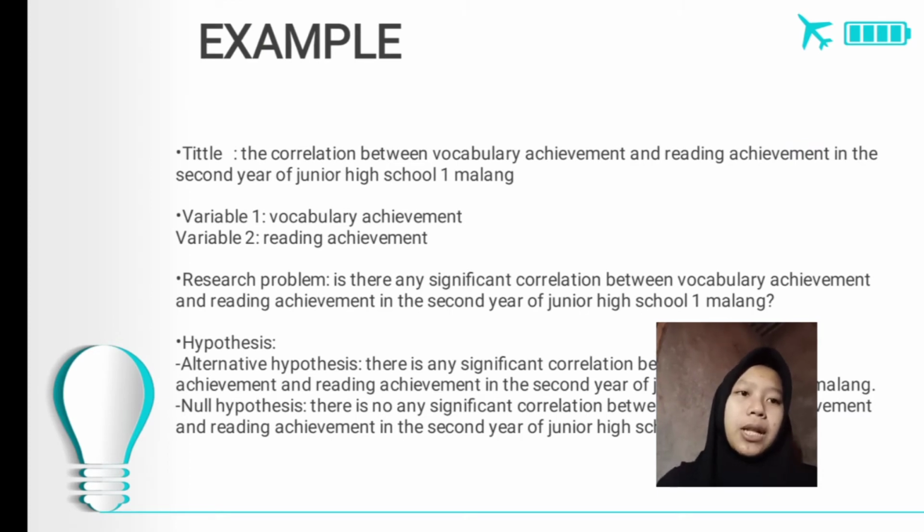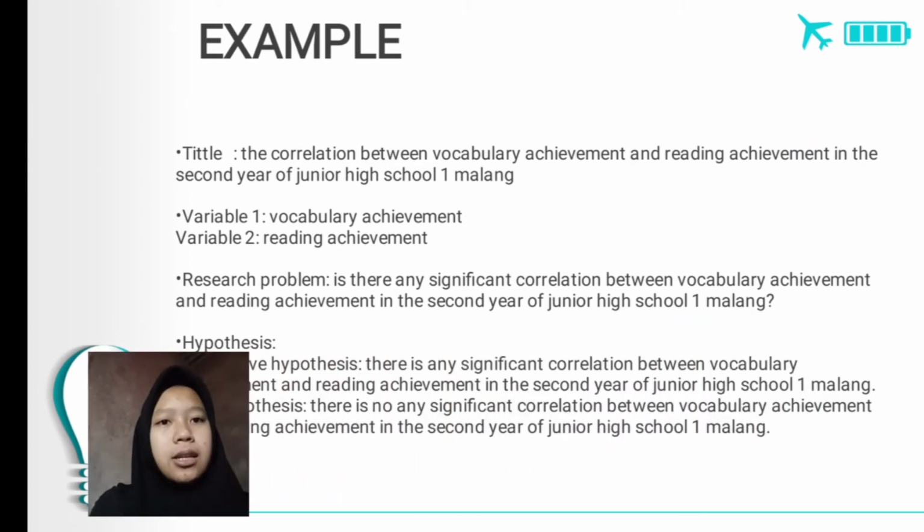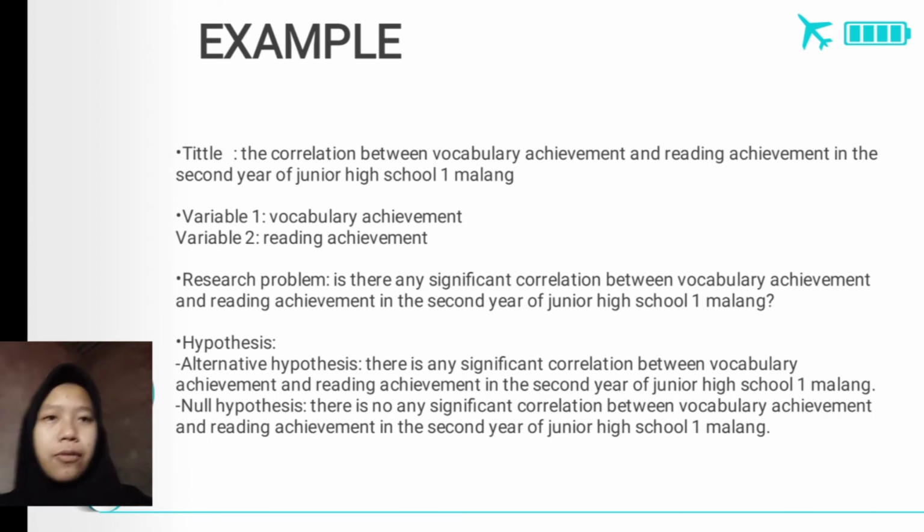For example, this is an example of correlation research. The title is the correlation between vocabulary achievement and reading achievement in the second year of junior high school 1 Malang. In this title, variable 1 is vocabulary achievement and variable 2 is reading achievement.